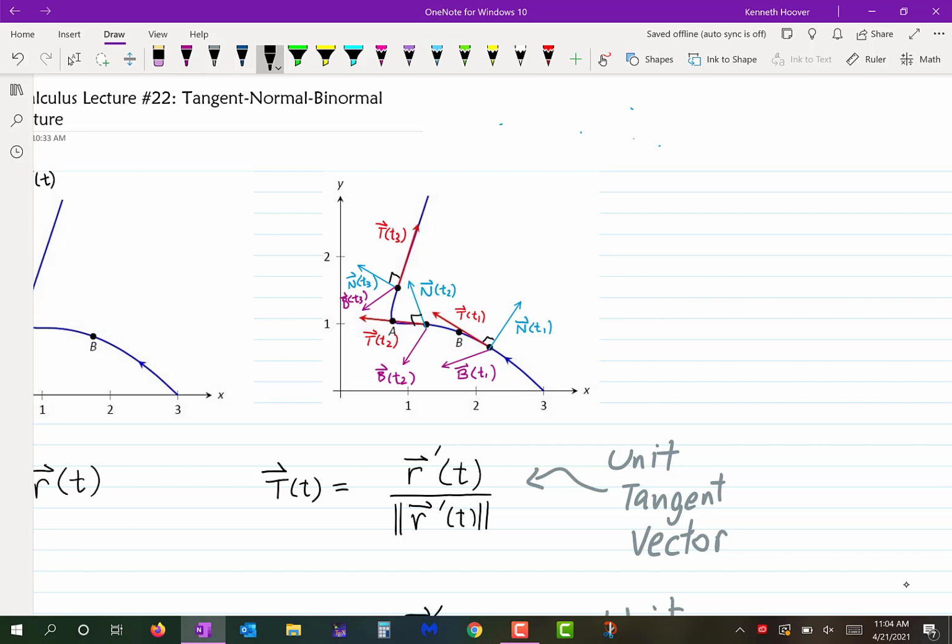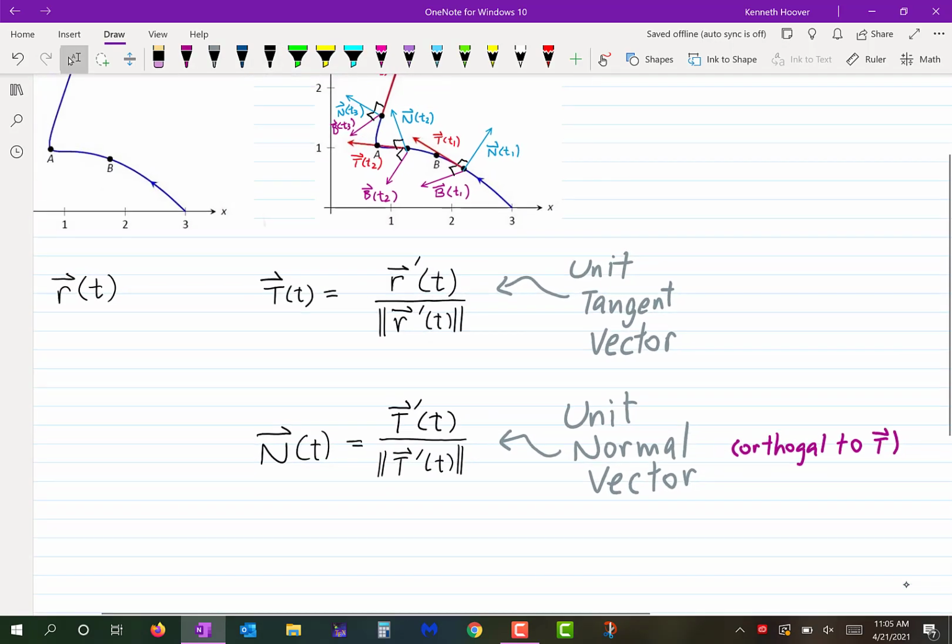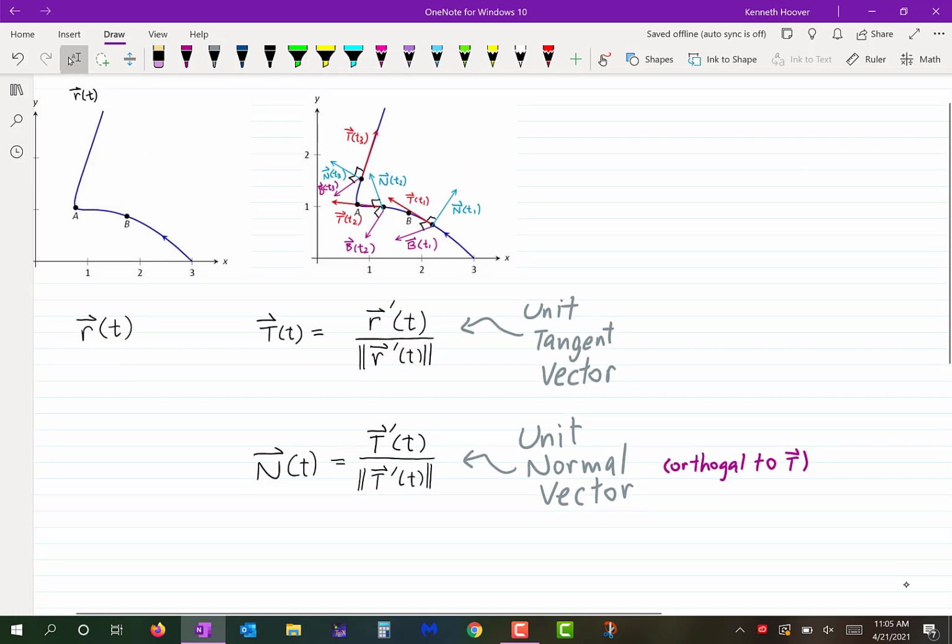And that now gives you another vector. These are all three orthogonal to each other. Okay? Now how do you calculate that new vector, the binormal vector? Here's what you do.